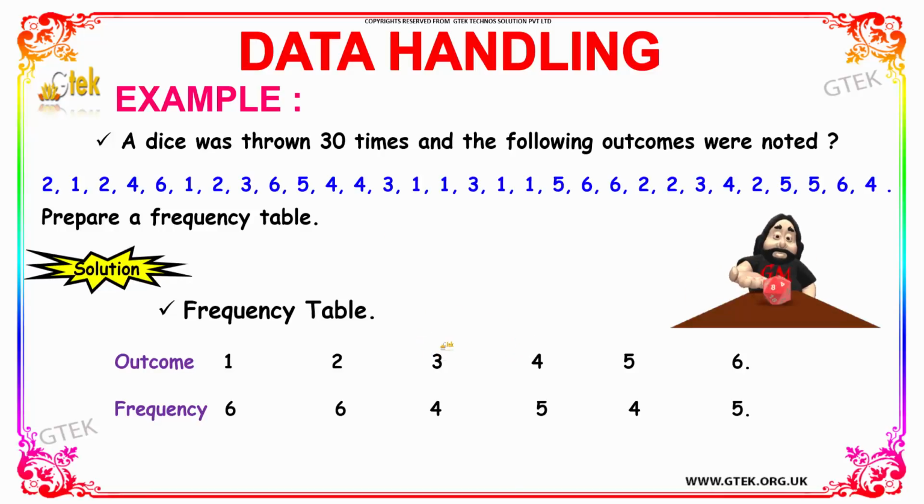So here, if you see, the number of times your outcome was 1 was 6. So here in your data set you can find 6 ones: 1, 2, 3, 4, 5 and 6.